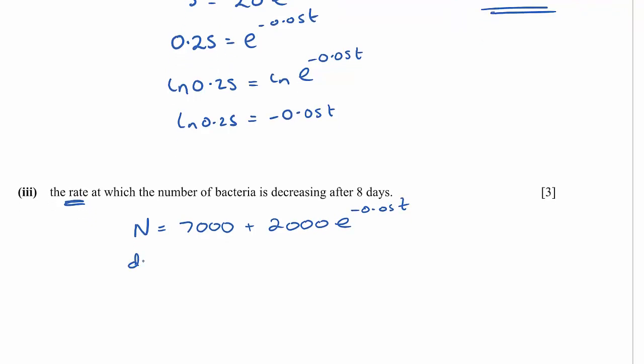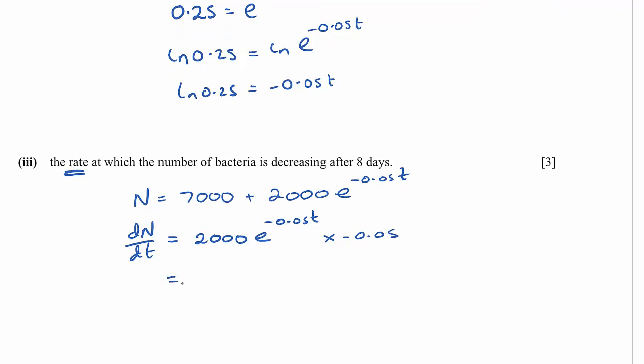So dN dt is going to be, well, the 7,000 will disappear, and then we'll get the 2,000 e to the negative 0.05 t. Remember how the exponential differentiates. So the power here, the index, is always going to stay the same. But then we need to use the chain rule. So we multiply by the differential of the inside, which is negative 0.05.